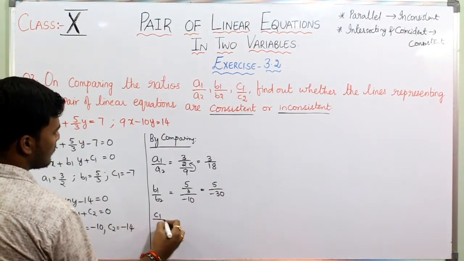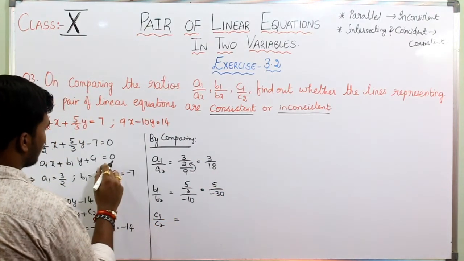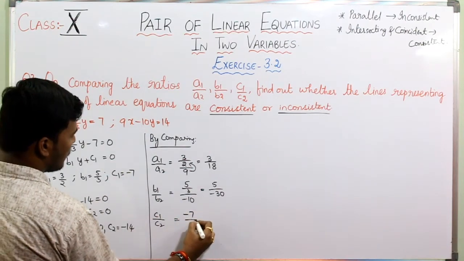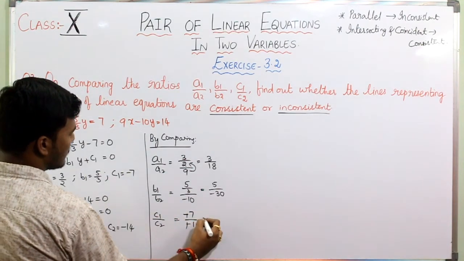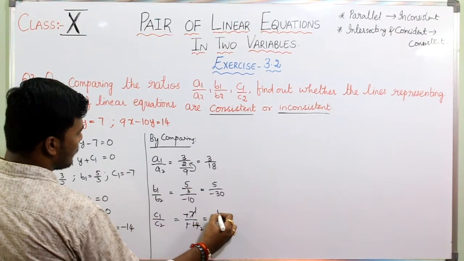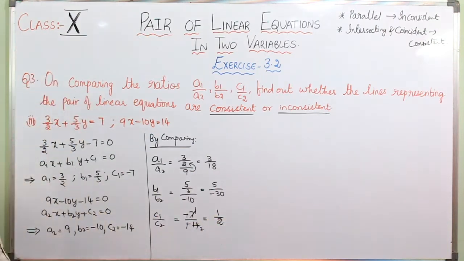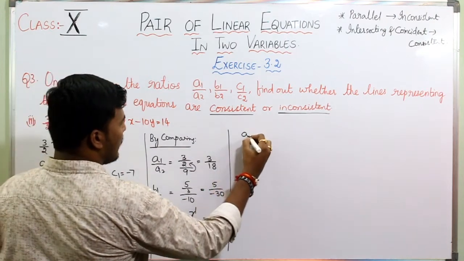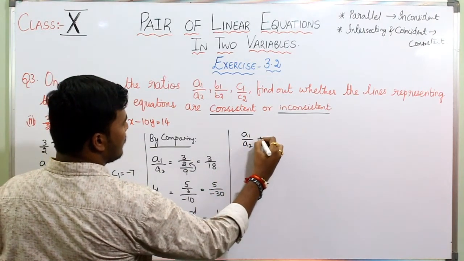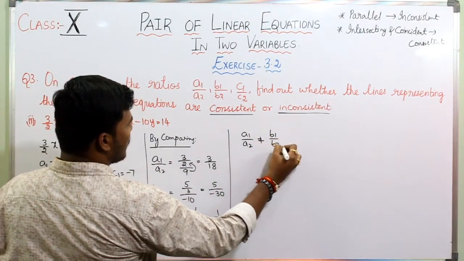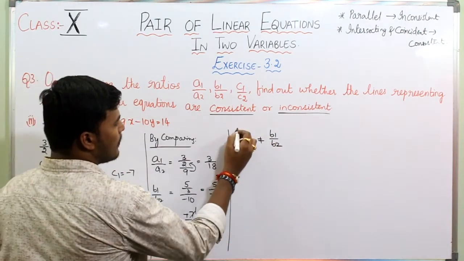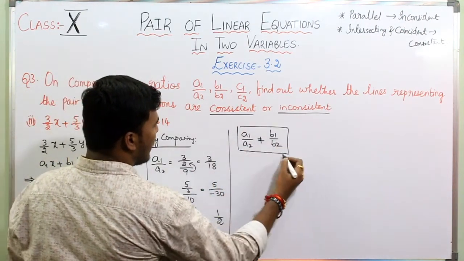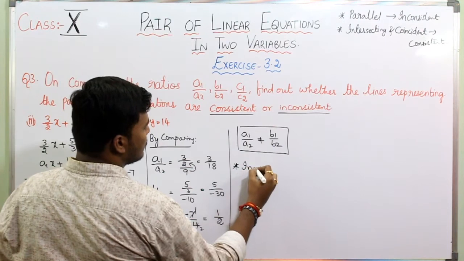And next one is c1 by c2, which is equals to minus 7 by minus 14. So these two get cancelled. 7 ones, 7 twos, you are left with 1 by 2. So now if you see the condition, we can say that a1 by a2 is not equals to b1 by b2. So as a1 by a2 is not equals to b1 by b2, they are intersecting lines.